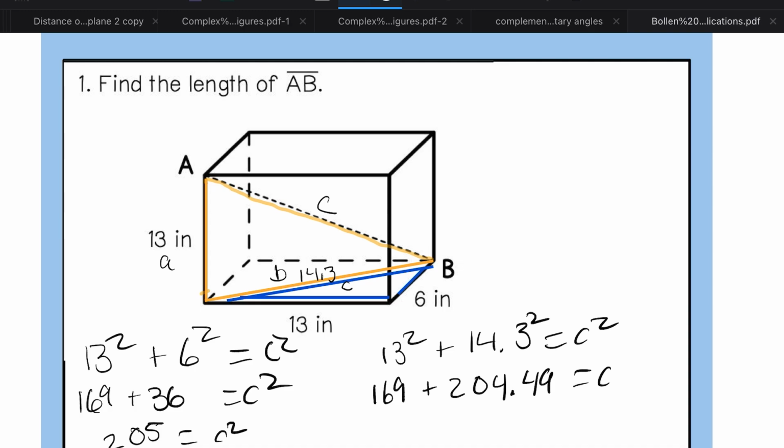So your final sum is 373.49, which is equal to C squared.